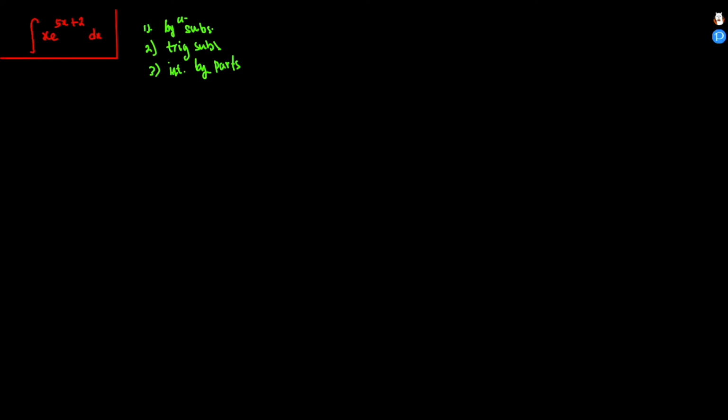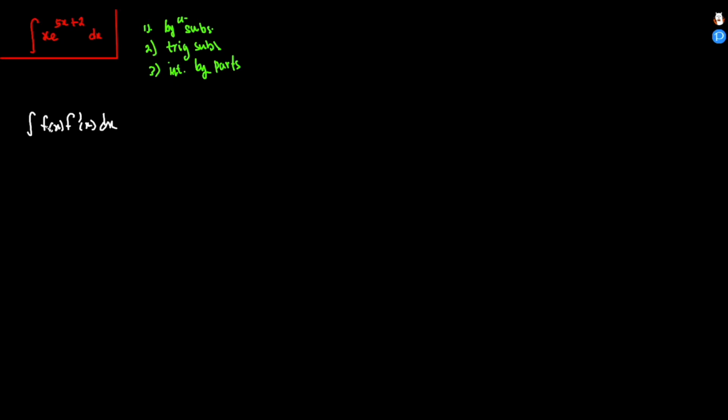But I get the sense that we're out of luck in this problem, because for u-substitution you want something that looks like the integral of some function f of x times the derivative of f of x dx, right?